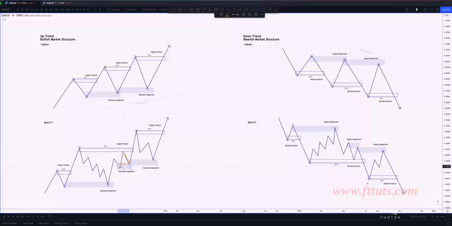Price then comes back to mitigate this minor area of demand. The reason I say it's minor is because it only caused a break of this minor high. At this point, it never caused the break of structure. But when supply here, those sell orders, are filled, it's just enough to cause a little bit of a reaction to come back to this minor demand zone. And that's enough for price to then fuel this move to the upside, because it's filled enough of those sell orders within this weak supply zone.